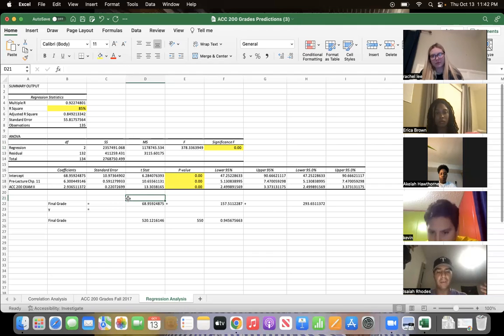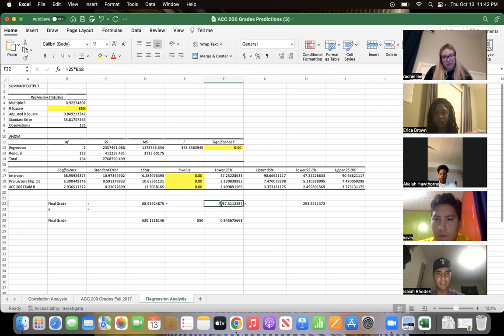And then we took our pre-lecture coefficient, and we multiplied it by the weight of the grade. So for pre-lecture chapter 11, you can get a 25 as the max grade. If you click on the cell, you can see the little math we did there.